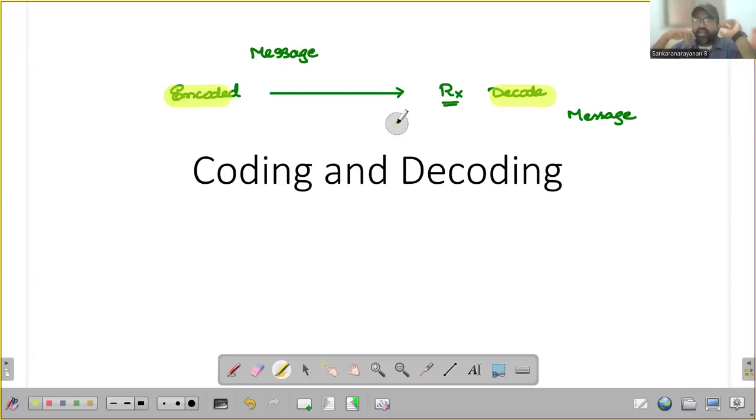And particularly, the faster a candidate is able to decipher the logic with which something is encoded, in the same way, the faster a candidate is able to decode it and get back the original message, it requires a skill.